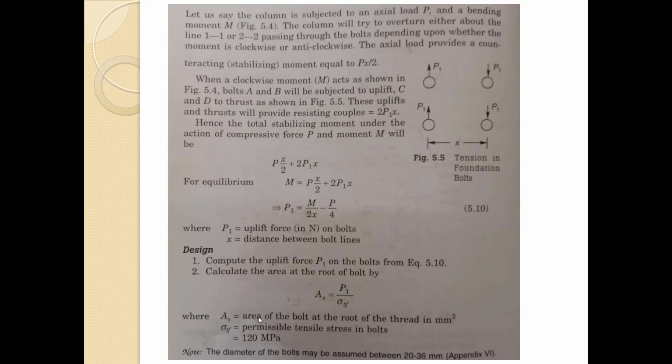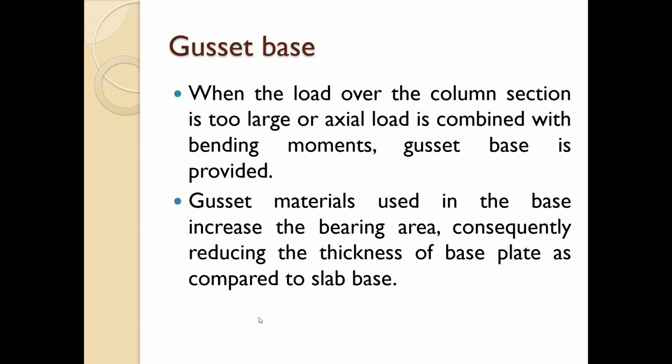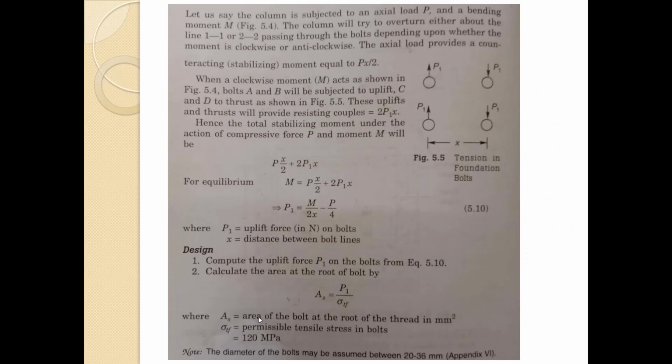So note has been given. While choosing the bolt, we take the diameter of the bolt as 20 to 36 mm. So this is the procedure of designing the foundation bolt, which will help us to keep the column in its place.